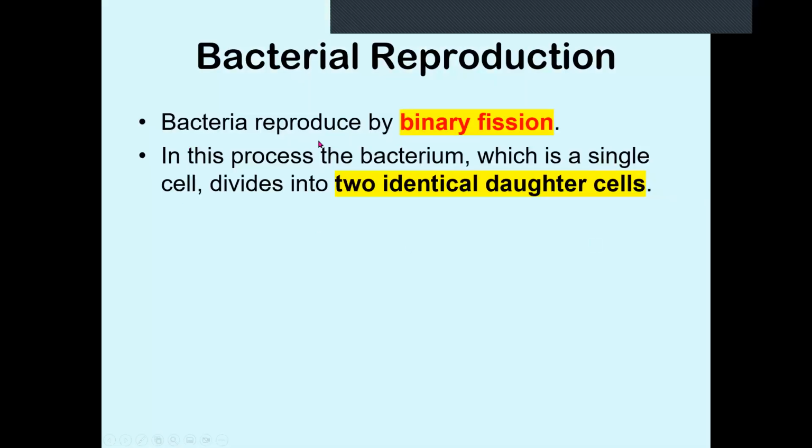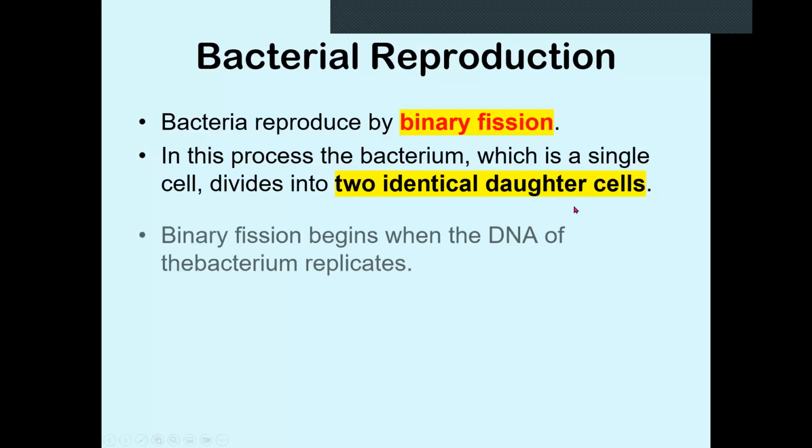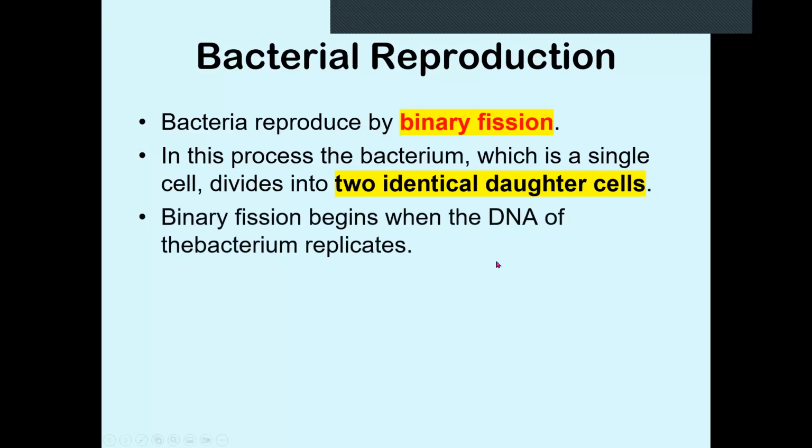When they reproduce, they just split into two. It's called binary fission. They reproduce everything that's inside them, and then the membrane and walls and everything are formed in the middle, and they separate, and then you've got two. They're called daughter cells, of course. That's in all forms of cell reproduction. The binary fission here starts off with the DNA replicating.